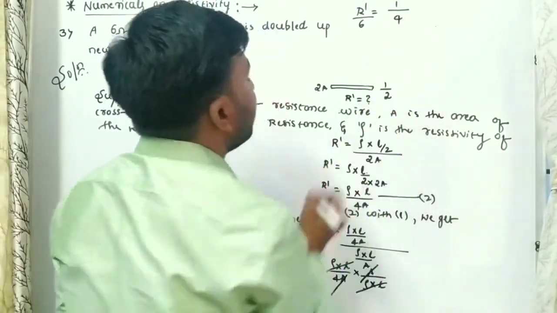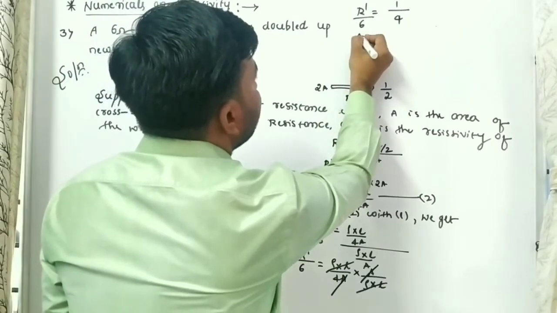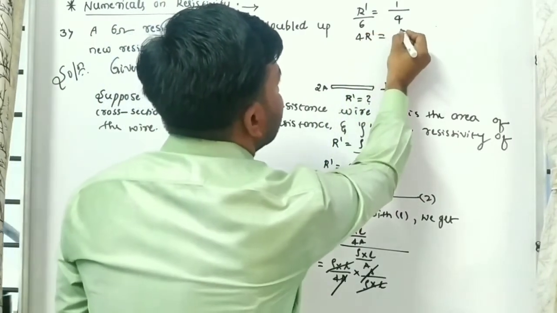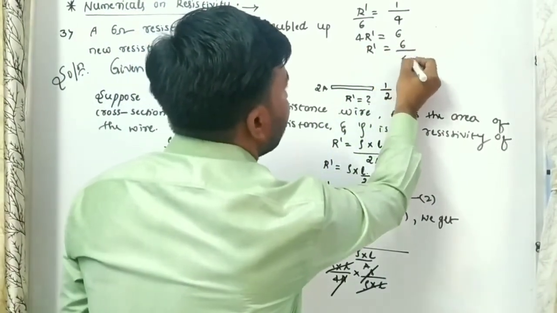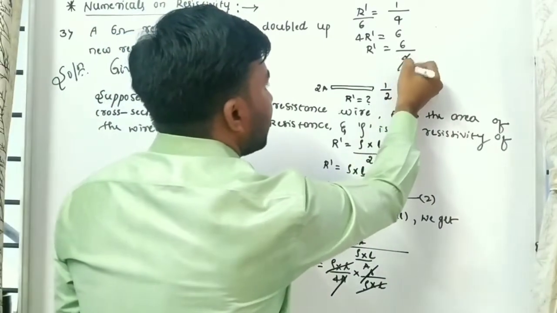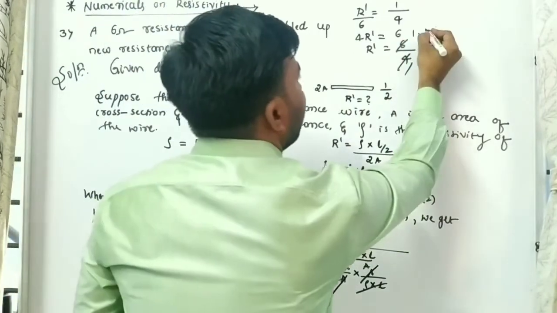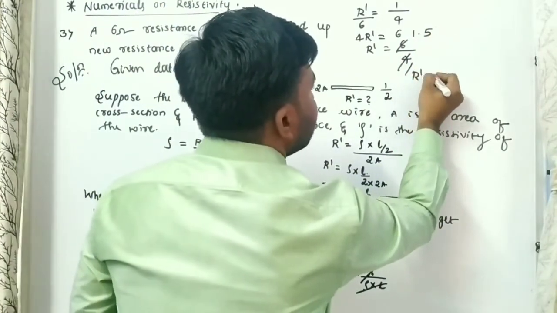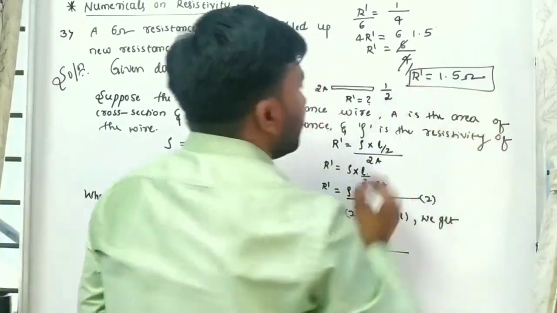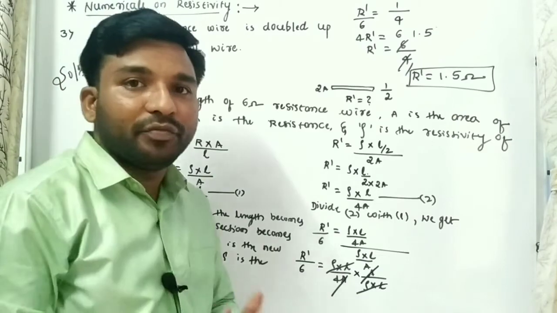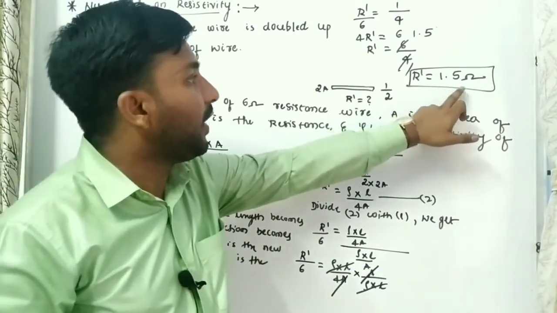So I will write 4. Now just cross multiply this one, it will be 4 R dash is equal to 6. Therefore R dash is equal to 6 divided by 4. 4 fives are 20. Therefore R dash is equal to 1.5 ohm. So the resistance of the wire after folding is 1.5 ohm.